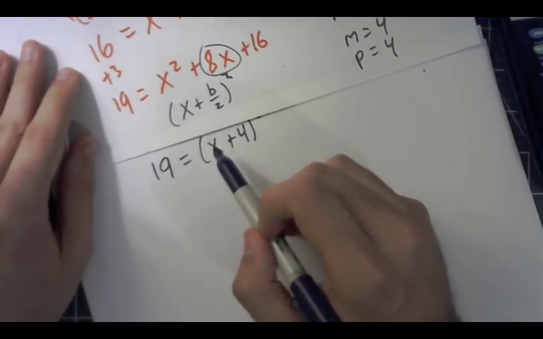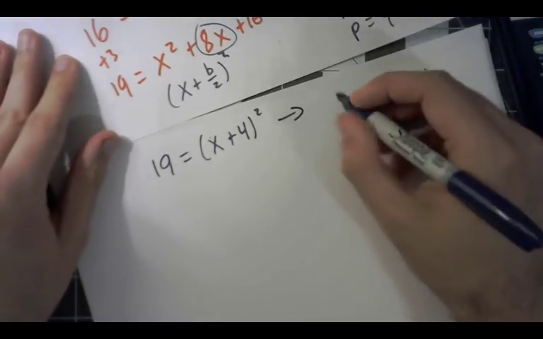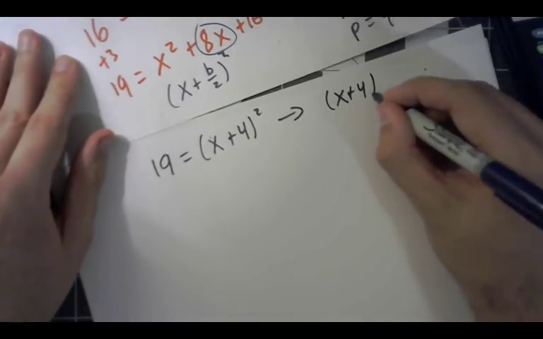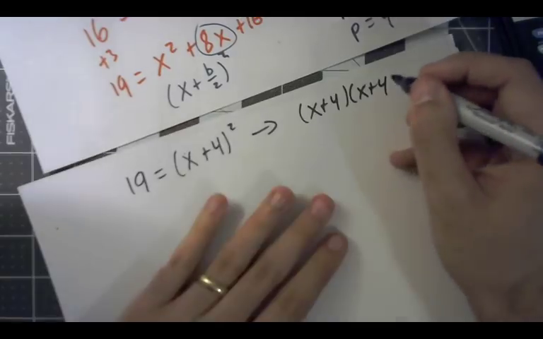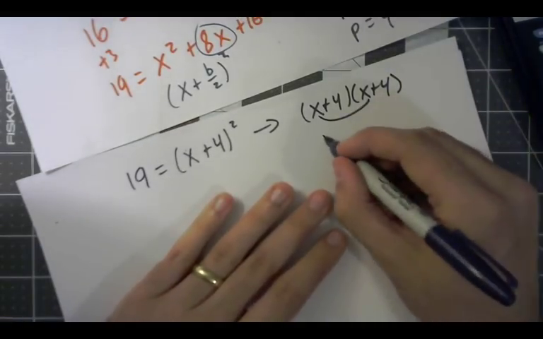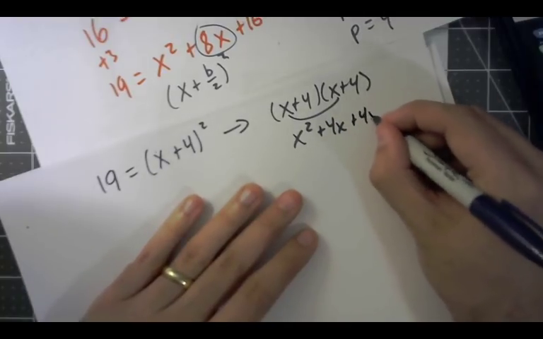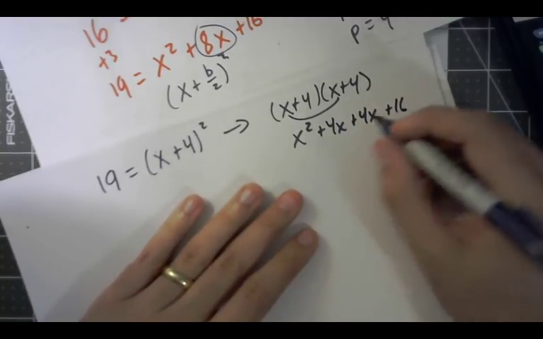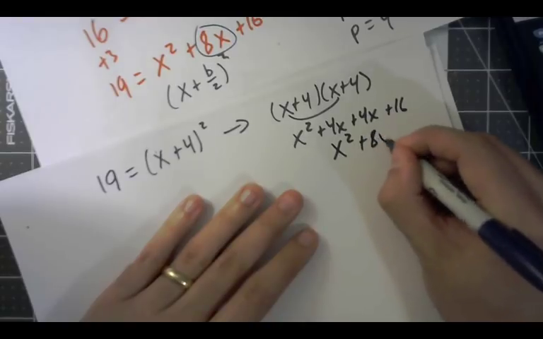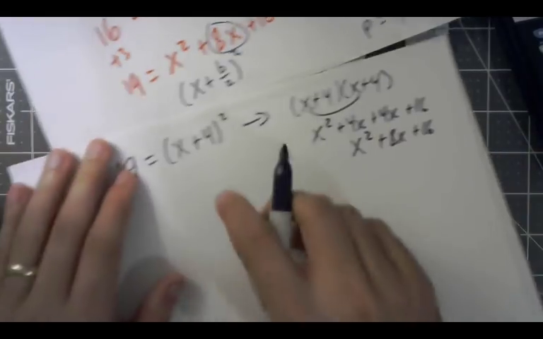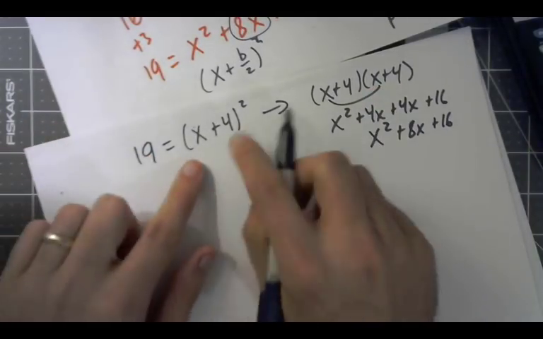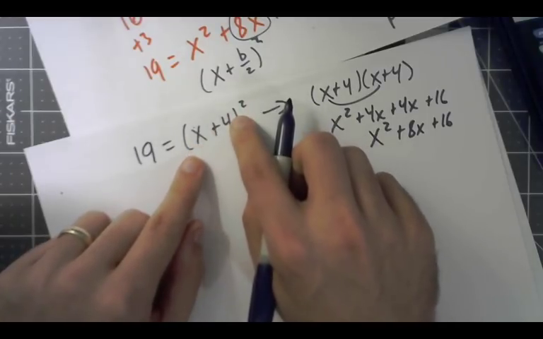From here to here, remember, this is x plus 4 times x plus 4. If I FOIL this, I get x squared plus 4x plus 4x plus 16, which is x squared plus 8x plus 16. So remember, this gets us to here. We don't just distribute the square to each one of these.